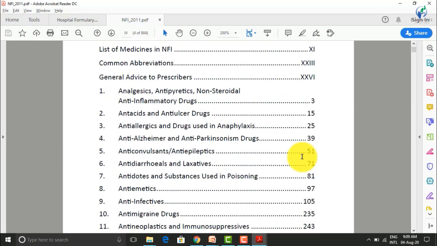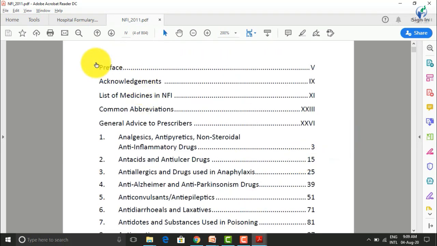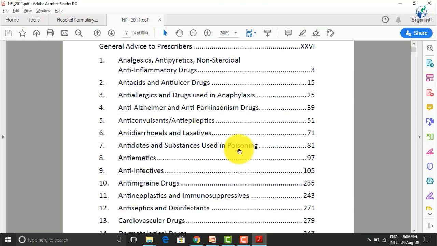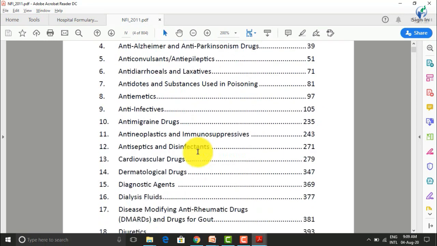This one is the fourth edition. See the classification. They have given the preface and acknowledgement. They have included the list of medicines in the N.F.I, common abbreviations, and general advice to the prescriber. Then, on the basis of pharmacological action, they have made the classification. You can see it over here.